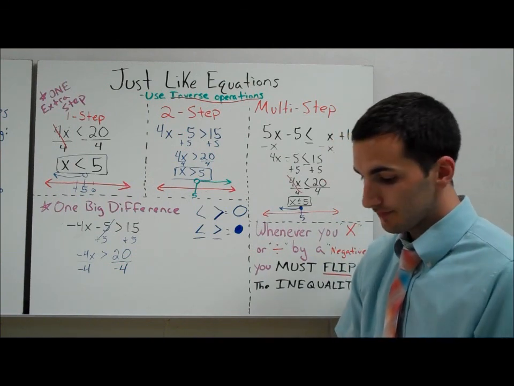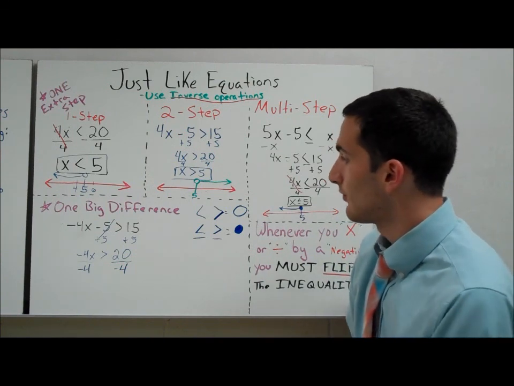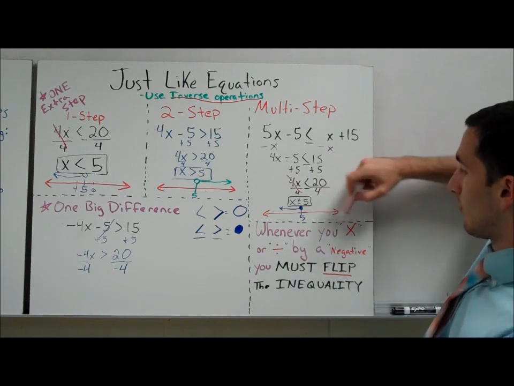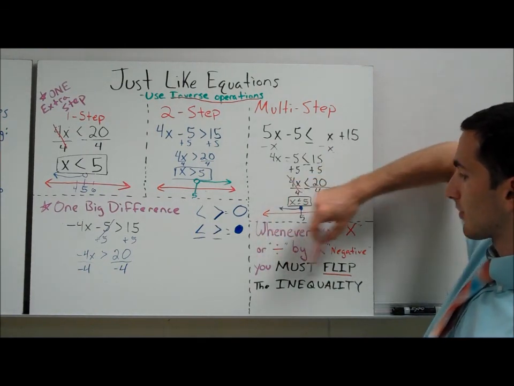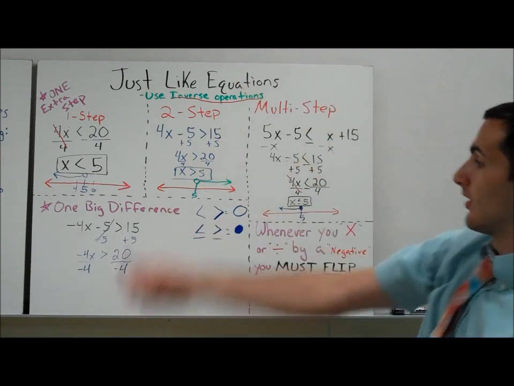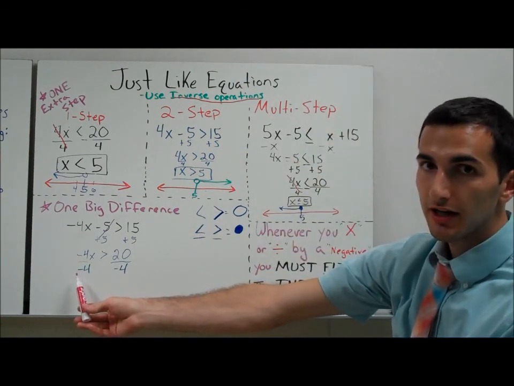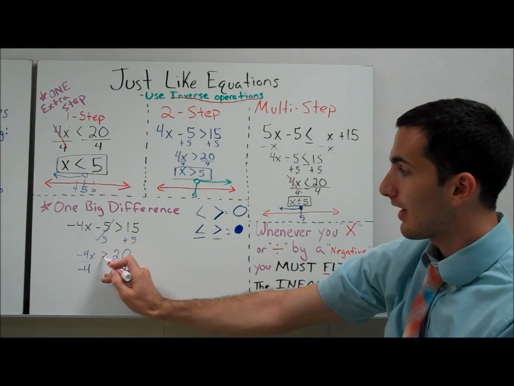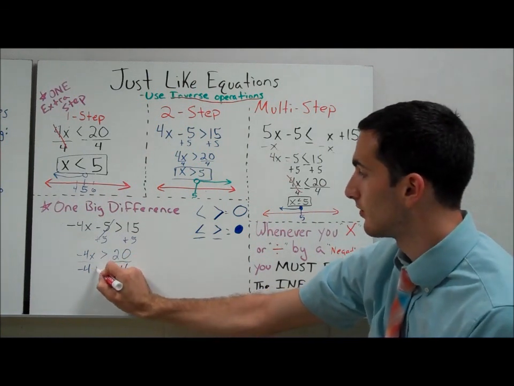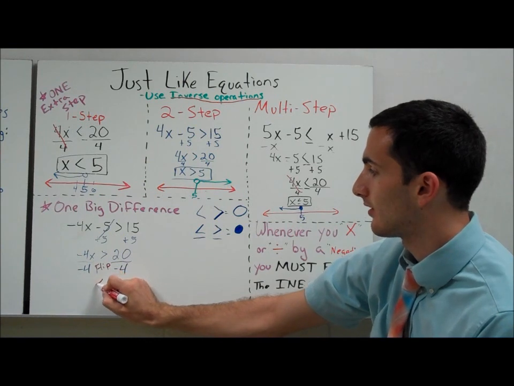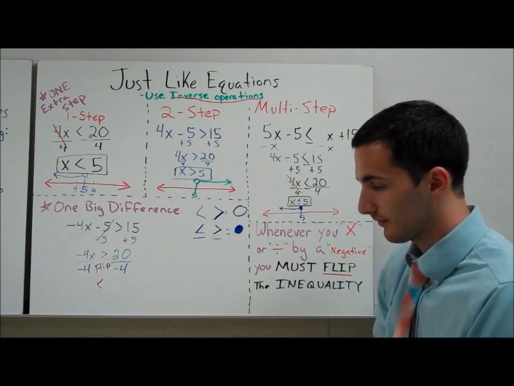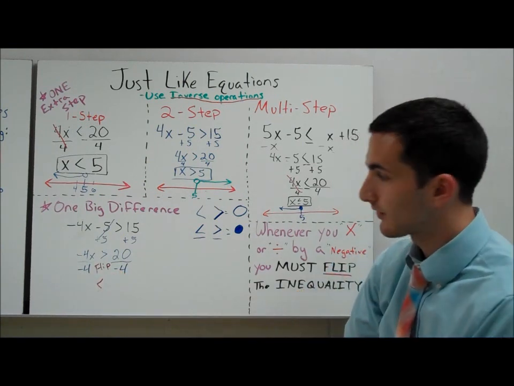Here's the key. Whenever you divide or multiply by a negative number, you must flip the inequality. You can see here we're dividing by a negative 4, so instead of having a greater than sign, we're going to flip, and we're going to have a less than sign. Everything else is done the same way.